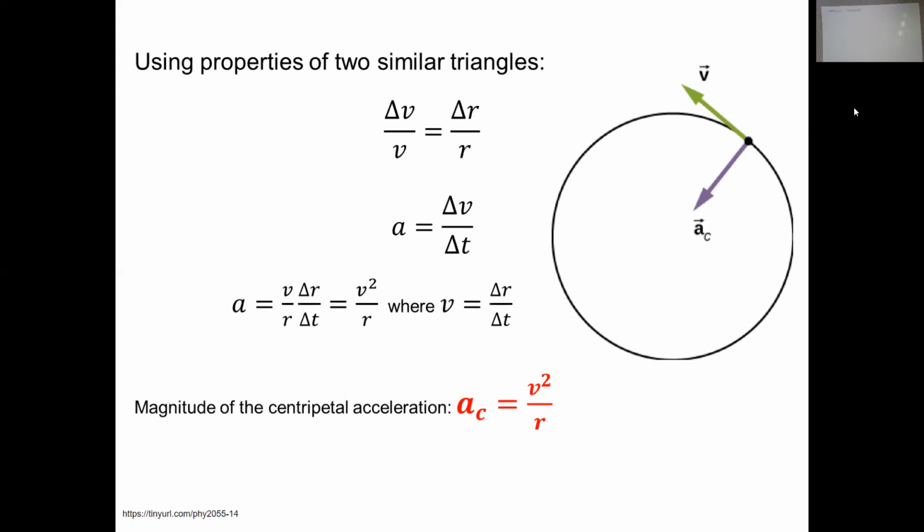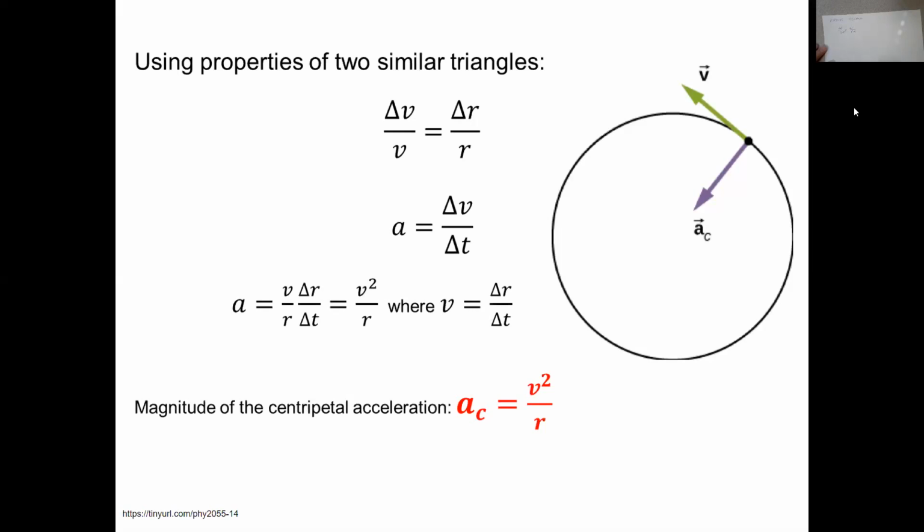All right. So from the triangle, we can write delta v, just the magnitude, over v equals delta r over r, right? Now, if we divide both sides by delta t, so then delta t on both sides, that's valid there, okay?